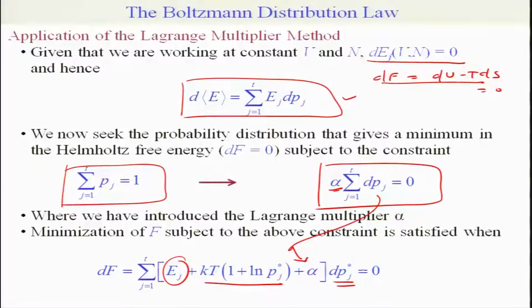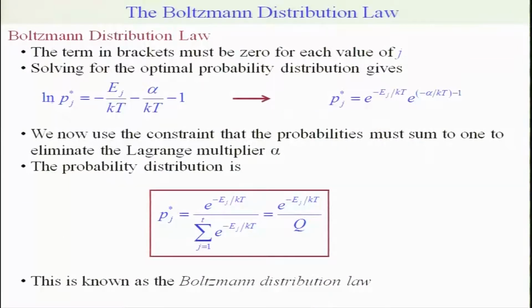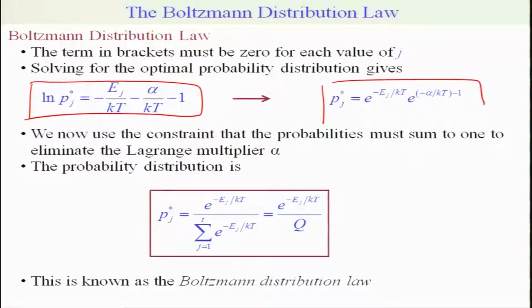This is the function which we have to minimize using the Lagrangian multiplier, and this within the bracket must be 0. Based on that, we can calculate this expression. From here we get an expression for P_j. The star indicates that this is the probability corresponding to the minimum value of F.